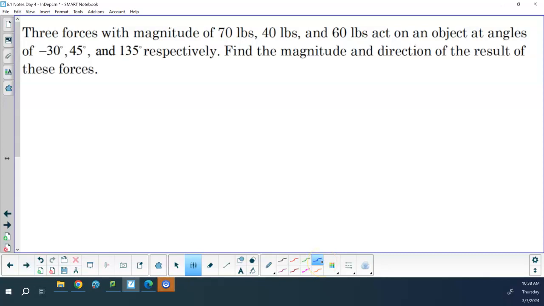So vector u is going to have a magnitude of 70 pounds and a direction angle of negative 30 degrees.